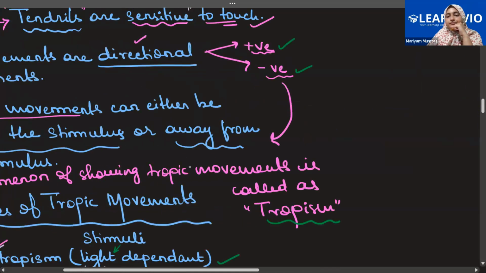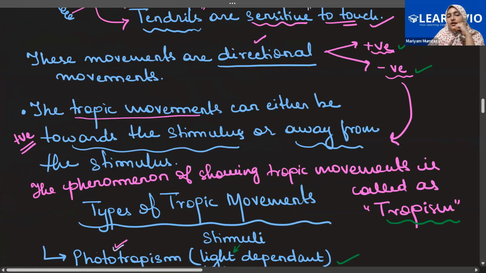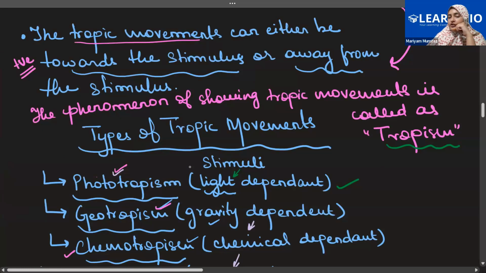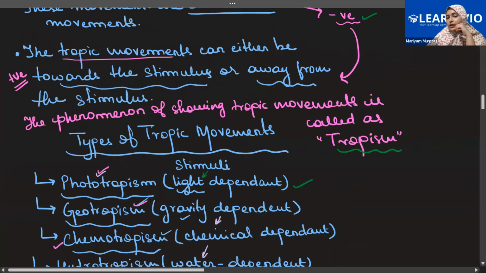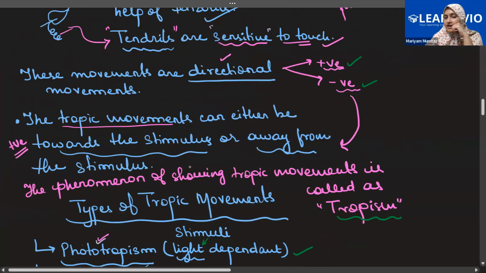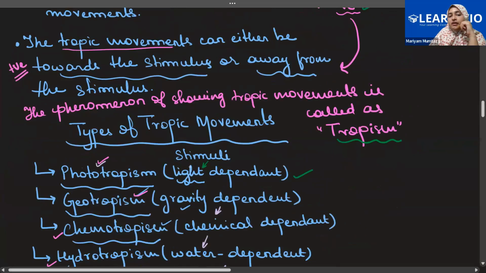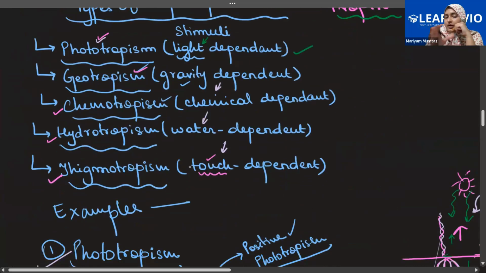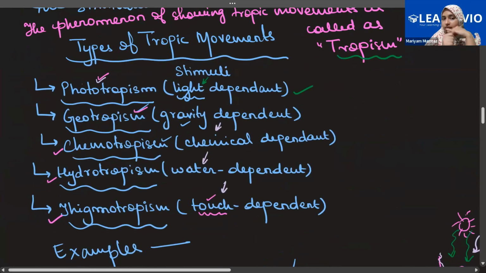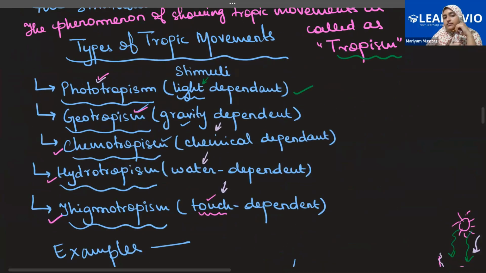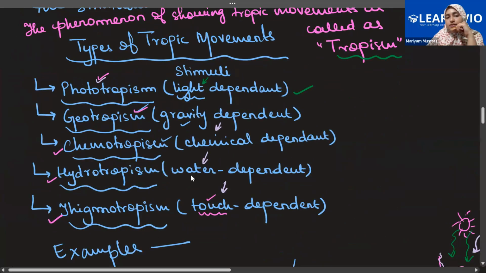Now, see, also one more thing, the phenomenon of showing tropic movement is what we call tropism, right? So now this tropism or the tropic movement can be of a variety of types depending upon the stimulus. Phototropism, geotropism, chemotropism, hydrotropism, and thigmotropism. So phototropism, this is the first one, and this one is light dependent, right?